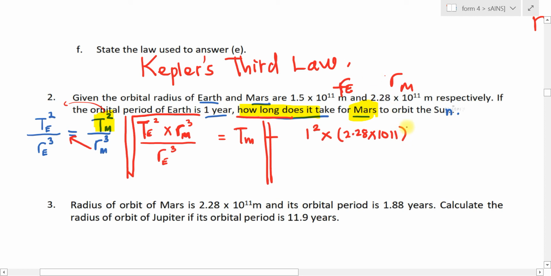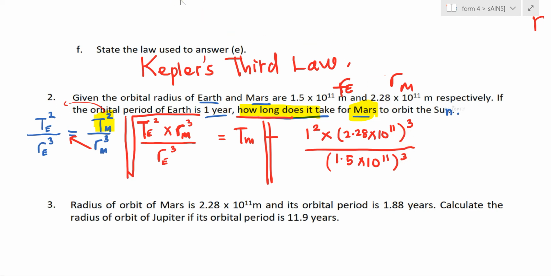Jangan lupa untuk cube. Lepas tu, orbital radius for the earth. Catat ke bawah. 1.5 times 10 to the power of 11. Bracket dia, jangan lupa cube. Lepas tu, the whole answer, kamu jangan lupa square root.